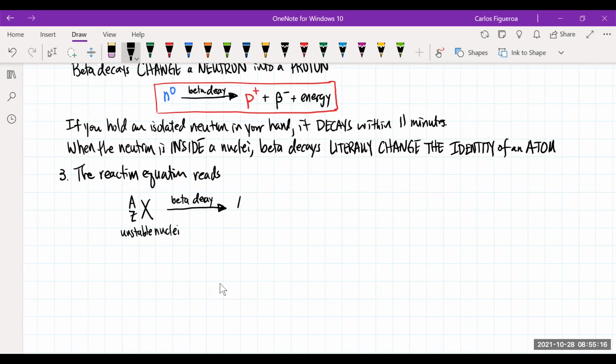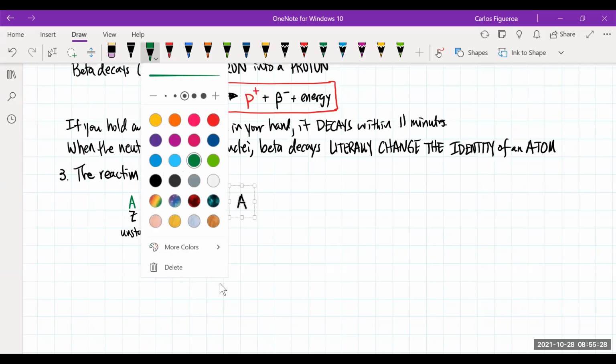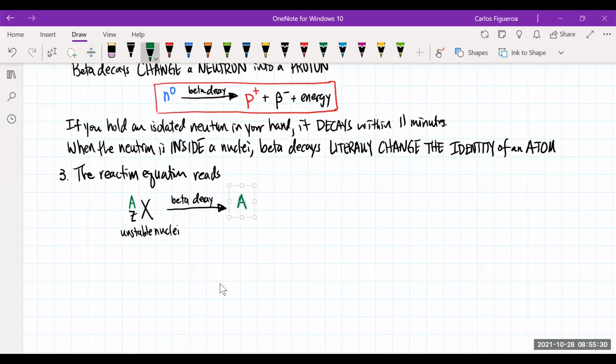So then I don't change the atomic mass. If I look at this, I'm going to focus on the green. This does not change. What does change is this. The atomic number increases by 1.